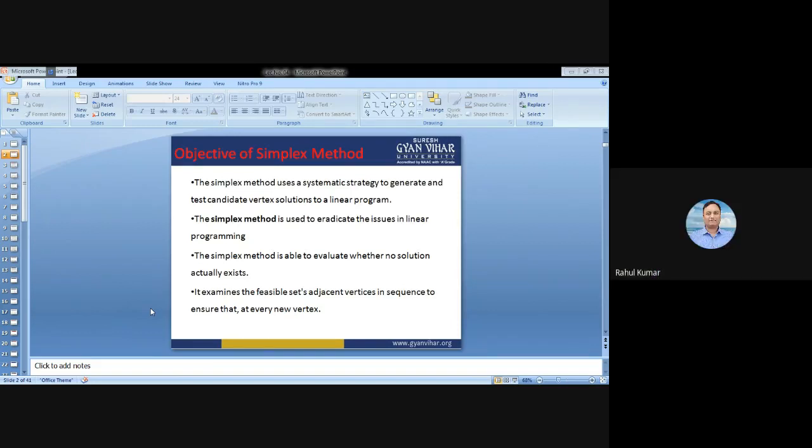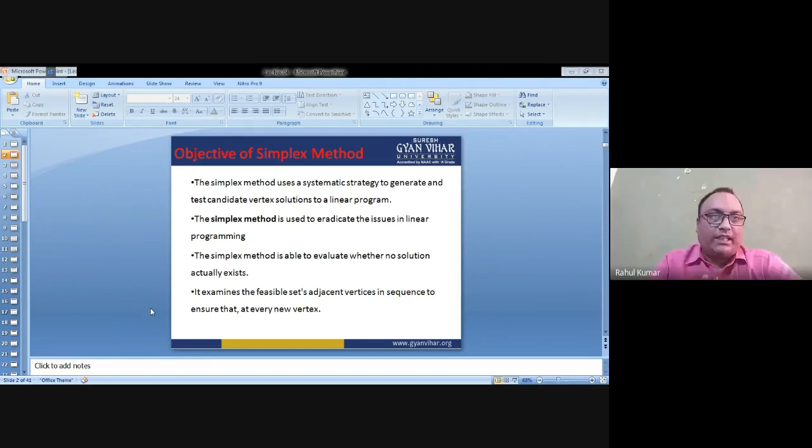In linear programming problems, three types of methods are present. The first is the graphical method, the second is the simplex method, and the third is sensitivity analysis. But in the graphical method, only two variables can be solved, while problems with more than two variables we can solve by the simplex method.